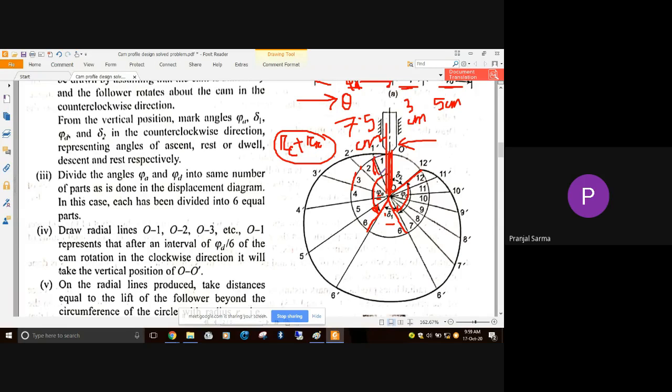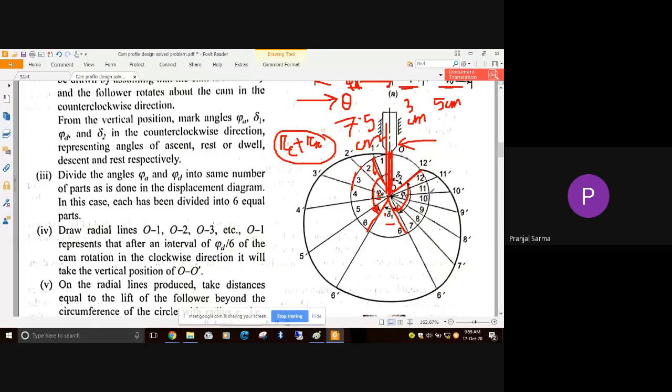So 1, 2, 3, 4, 5, 6. In the dwell you don't have to make any division because it is meaningless. Throughout the dwell there is no movement, so it is a constant radius curve. Dwell means there is no displacement in the follower, and that happens whenever we meet a constant radius curvature, with no change in the distance.